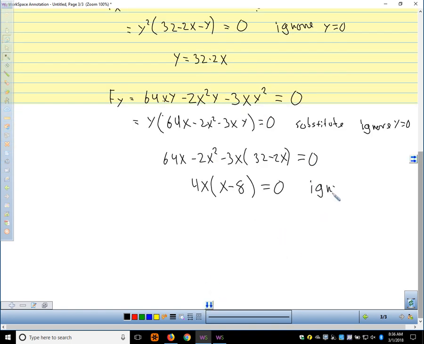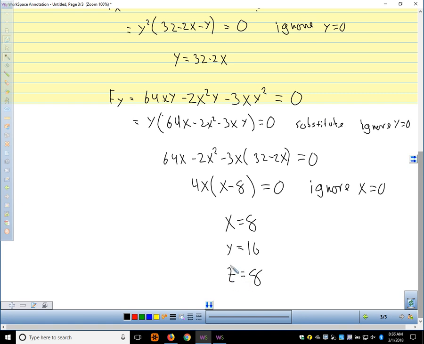We're going to ignore x equals 0, so x equals 8. Y equals 32 minus 16, so y equals 16. And z equals 32 minus 8 minus 16, which is 8.